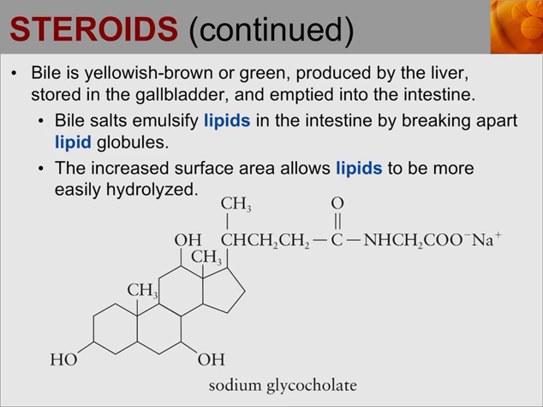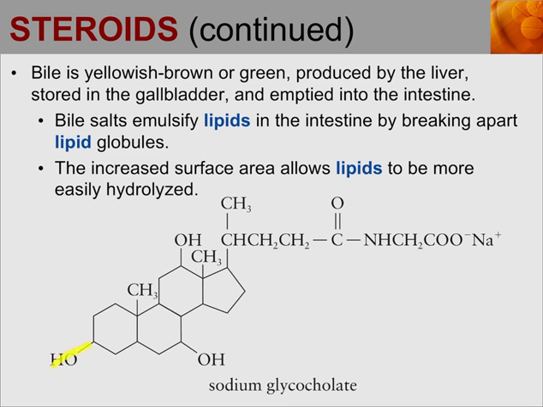So once those lipid globules are broken apart, there's more surface area, and that will allow the lipids to be more easily digested or hydrolyzed. So fats and oils, for instance. So we have an example of a bile salt down below.